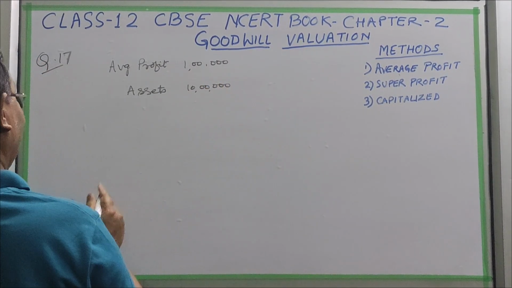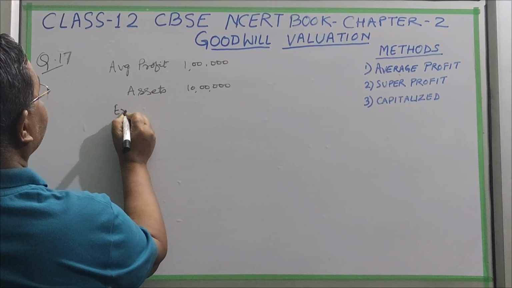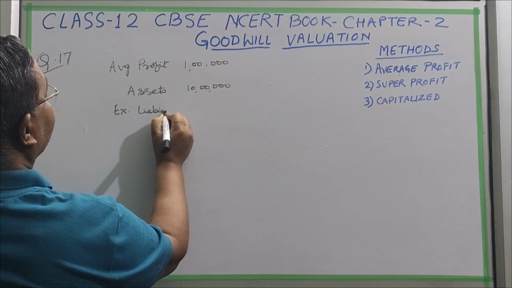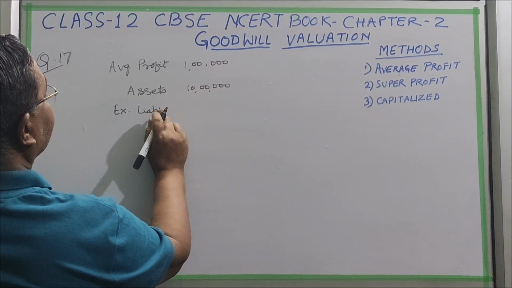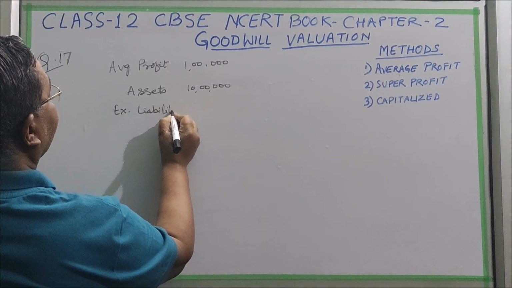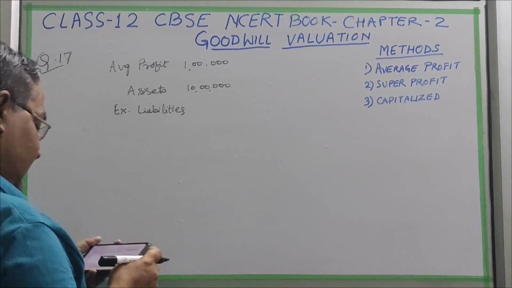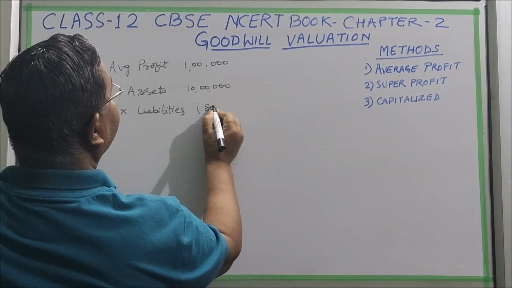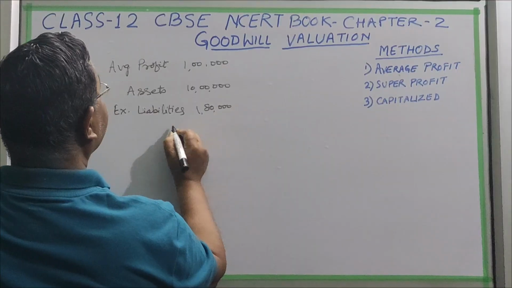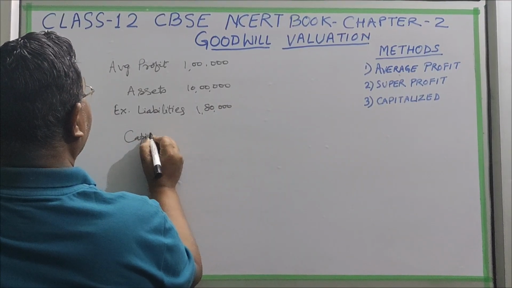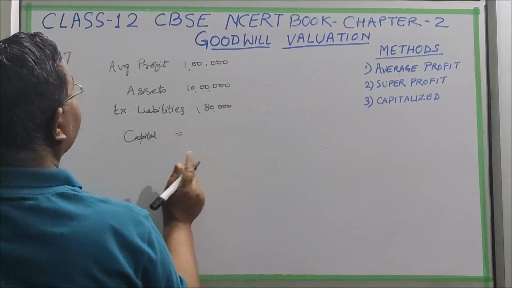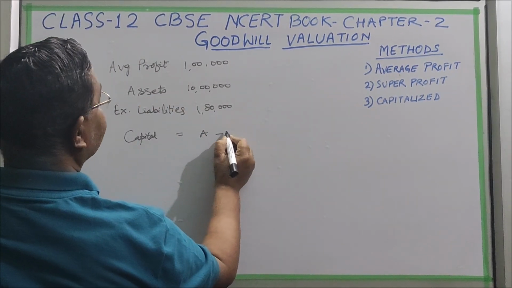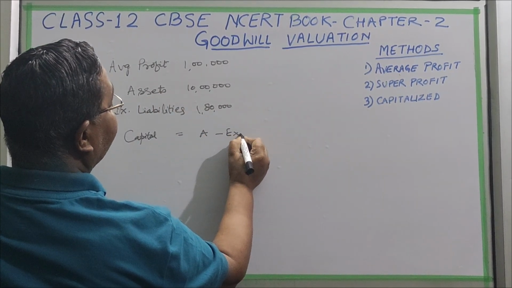And external liabilities are 1,80,000. It means capital is always equal to assets minus external liabilities.